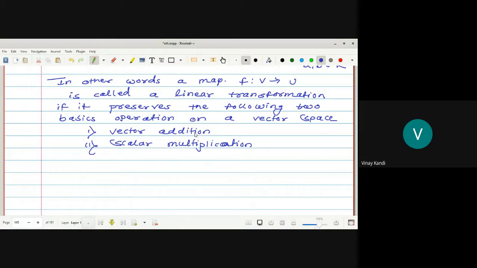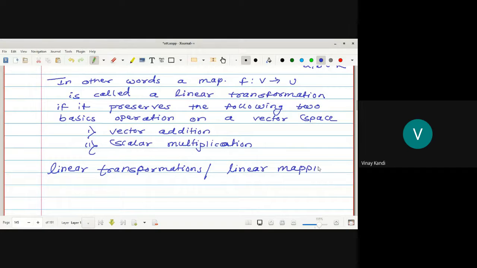So we can say that T is a linear transformation. These are equivalent words: linear transformation or linear mapping.